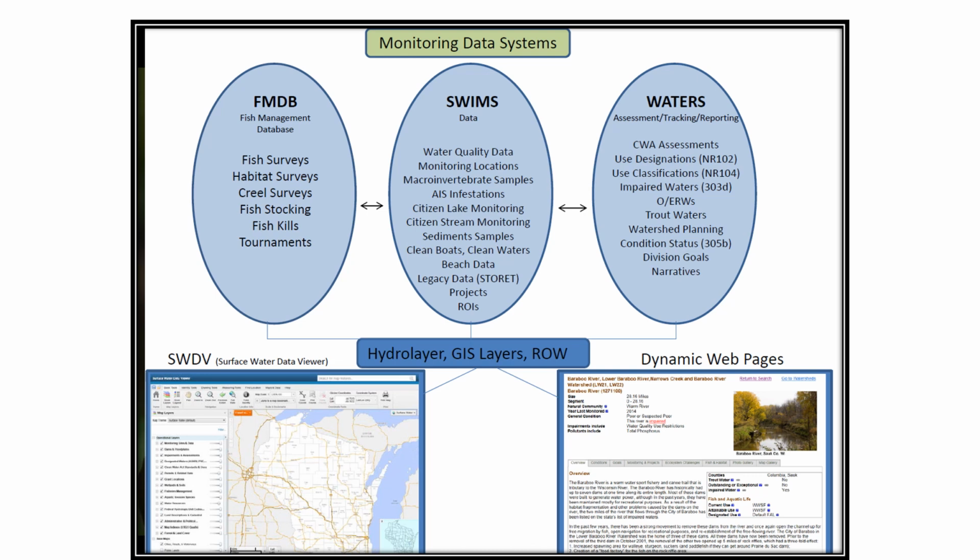Data from SWIMS is also pulled into DNR's interactive maps, as I said, and onto web pages. Data we provide to SWIMS is also important for compliance with the Clean Water Act. On the bottom of the page are two examples of where SWIMS data can go when ROIs are created. Let's look more closely.